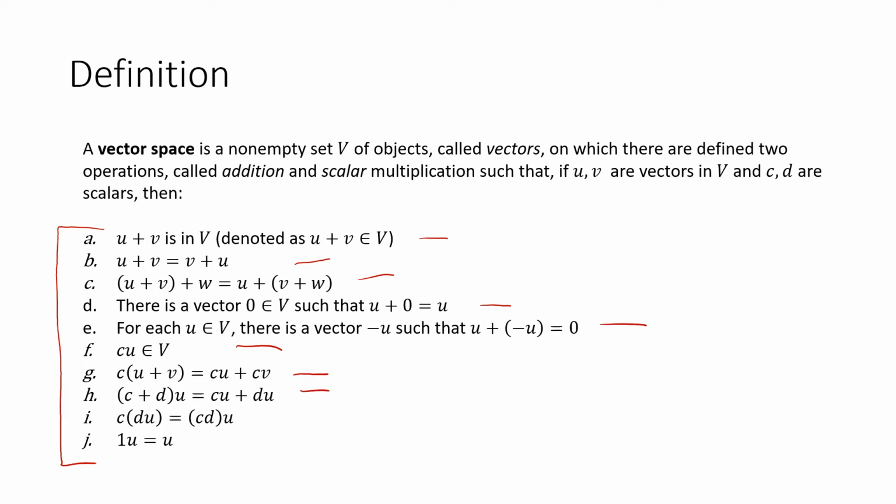It has two distributive ideas, saying that if you're multiplying the sum of two items in this group, you could multiply each individually and then add. You get the same result. The second one says that if you're adding two numbers and then multiplying, you could multiply each number by the vector and then add them. So it doesn't matter what order you do that in. You can distribute your numbers.